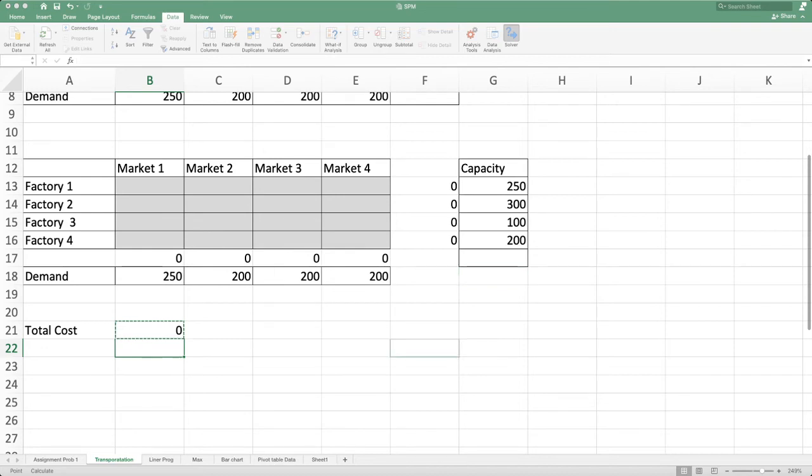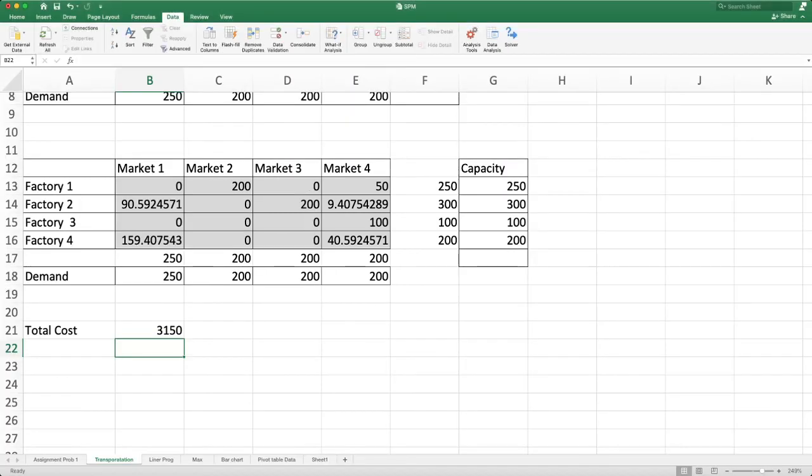A checkbox will be there once you click Options and go to the bottom; you can see two checkboxes, one is assume linear model and the other is assume non-negative. Check that and give solve. It will take time on my computer, so please be patient.